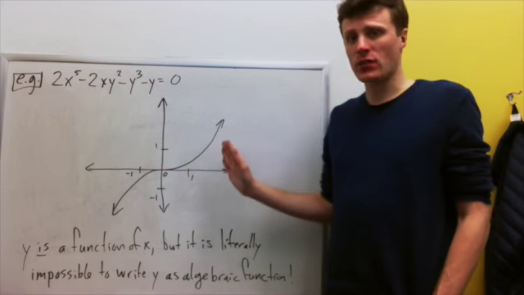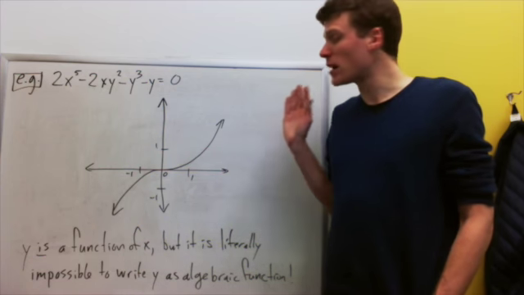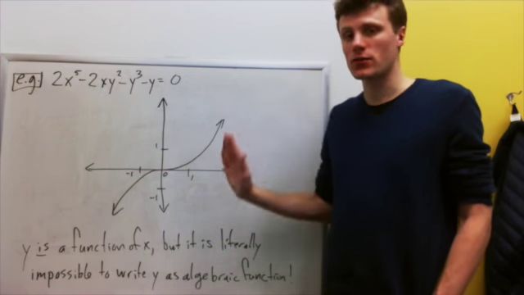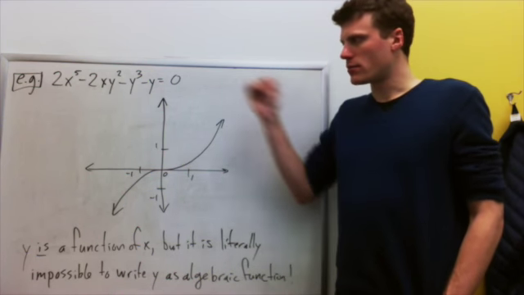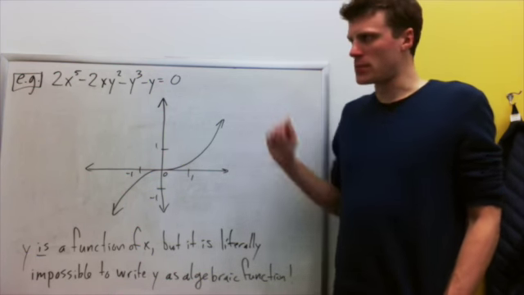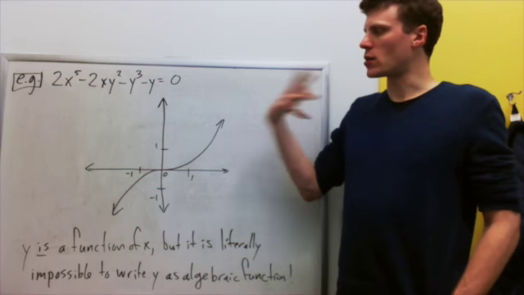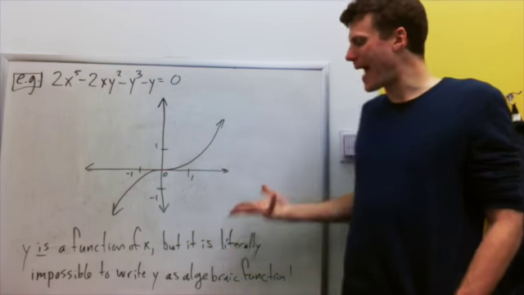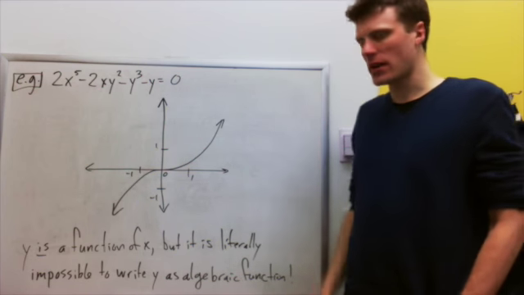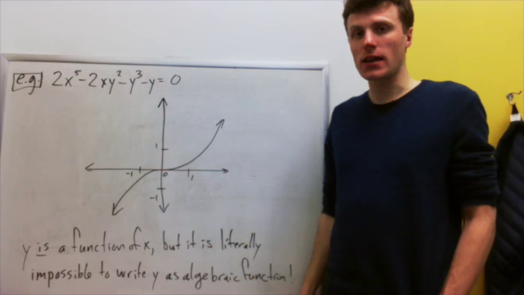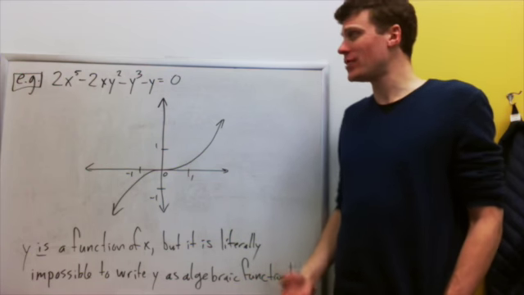It's not bad like the other things that we've been looking at so far. It is a perfectly fine function because it passes the vertical line test. But some people way back when showed that for equations like this, it is literally impossible to solve for y as an algebraic equation in x.